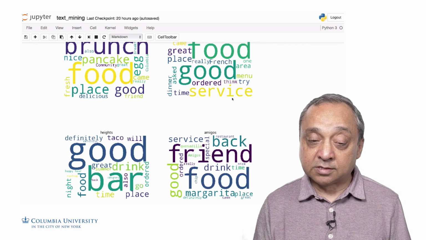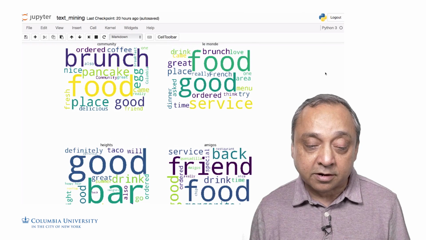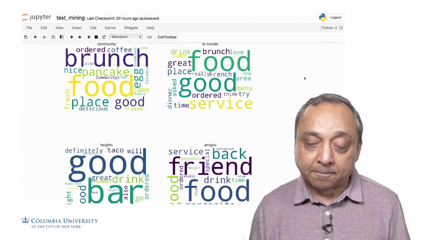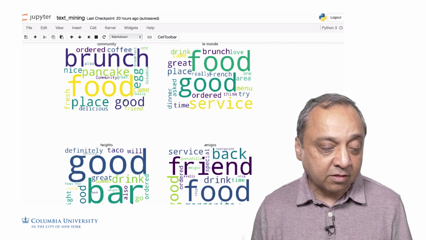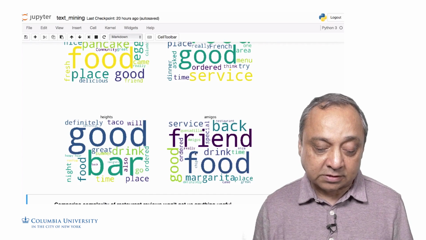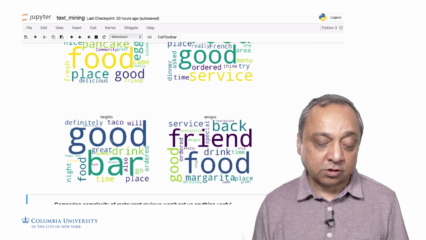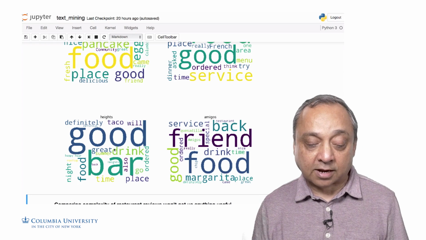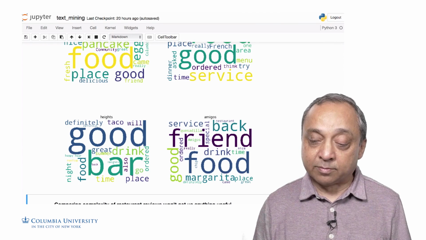We don't know whether they say good service or bad service, but it also has dinner, so it's probably a dinnerish place. Drinks are good. Coffee is good over here, or at least they talk about coffee. We don't know if it's good or bad. And these ones are more Mexican oriented, with margaritas and quesadillas. And Heights also has tacos, Mexican food, and the bar is really one reason why people like it so much.